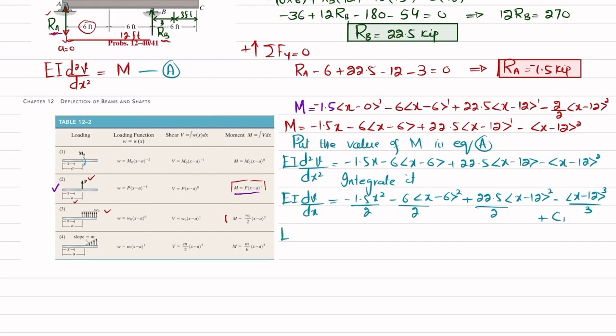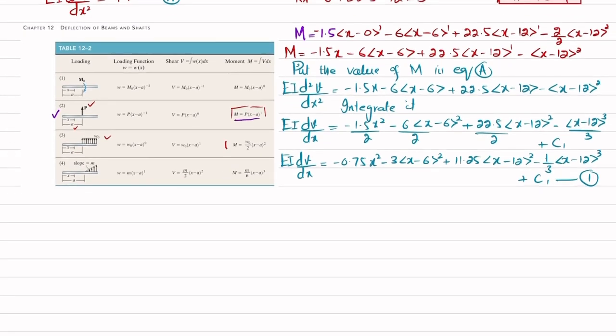If you further simplify it, EI dv over dx is equal to minus 0.75 x square minus 3 into x minus 6 square plus 11.25 into x minus 12 square and minus 0.33, or 1 over 3, into x minus 12 whole cube plus C1. Let this be your equation number 1.